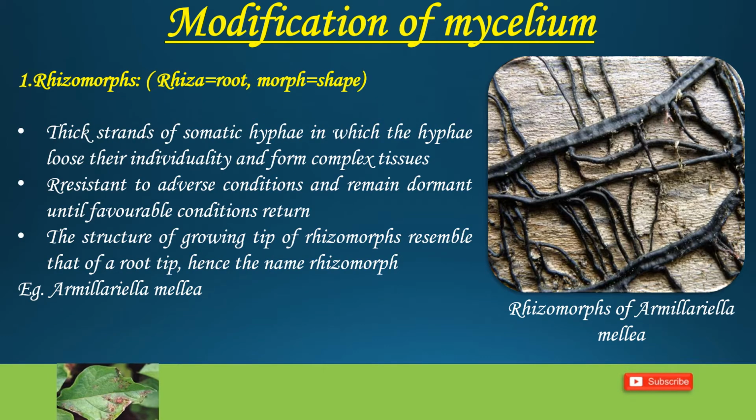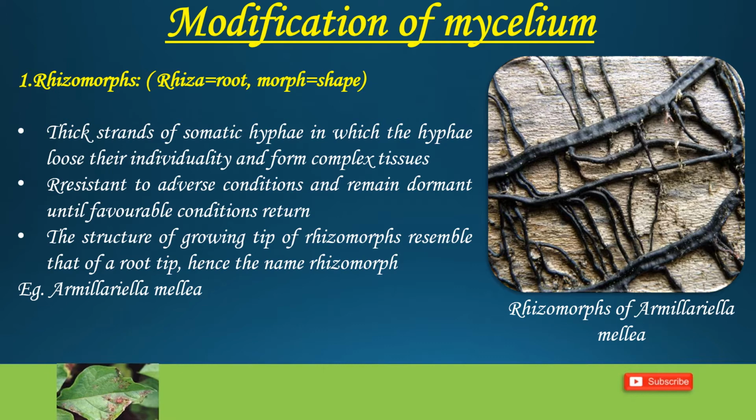Among the various modifications of mycelium, the first one is the rhizomorph. It means root-like structure. In these rhizomorphs, there is a thick strand of somatic hyphae, where hyphae lose their individuality and form complex tissues. Rhizomorphs are resistant to adverse conditions and remain dormant until favorable conditions return.